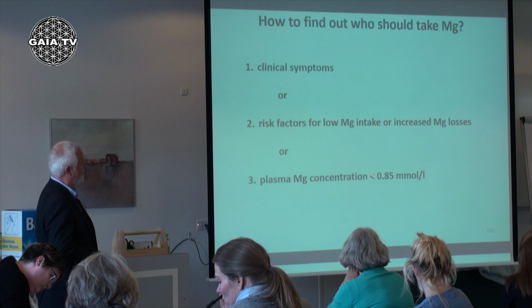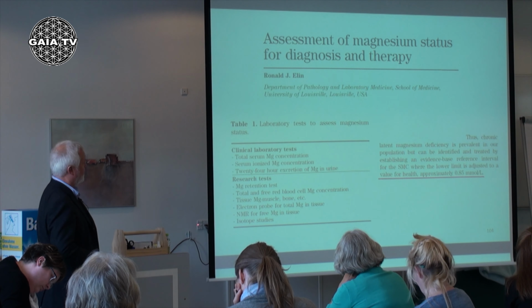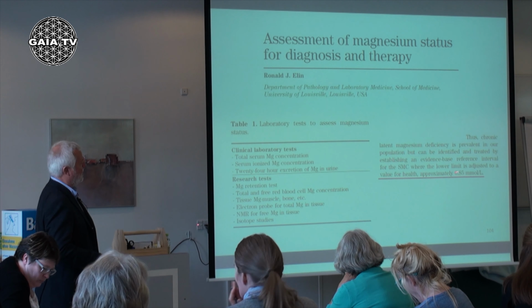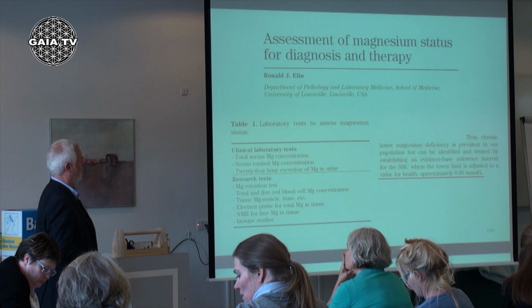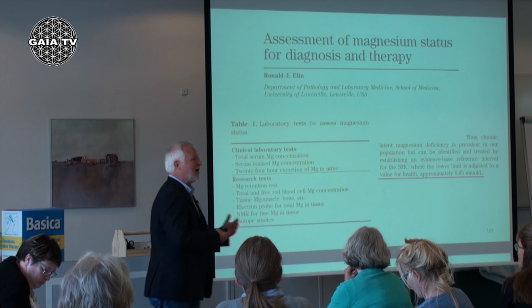Plasma magnesium concentration should be not below 0.85 millimoles. This is the value for health, approximately 0.85 millimoles. If you're above that, then you're quite well. However, there's one problem. You could have artificially increased plasma magnesium concentrations because stressful conditions drive magnesium out of the cells. And when I come to you and want to have some blood, I come with a needle.